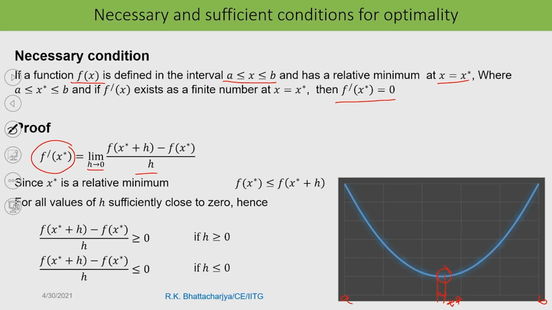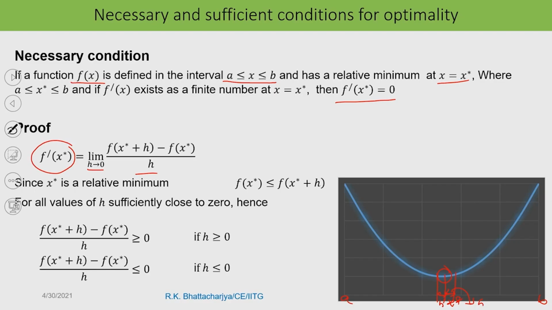Suppose this distance is h; maybe I can also take another point which is at a distance h. So, this distance is also h. Now I can take the derivative. The derivative is equal to the limit h tends to 0 of [f(x star plus h) minus f(x star)] divided by h.